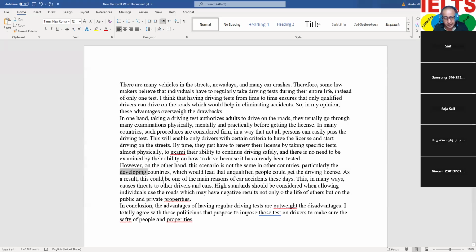As a result, this could be one of the main reasons of car accidents these days. This, in many ways, you repeated this expression, this in many ways. You've already used it. Avoid repetition in the IELTS. Where I didn't use in many ways.